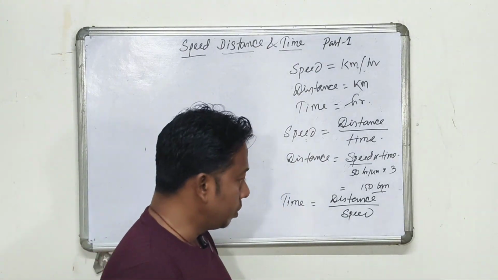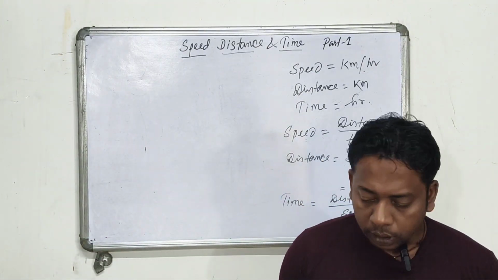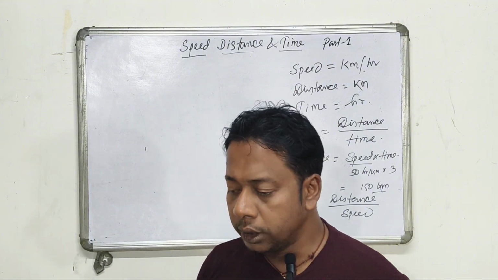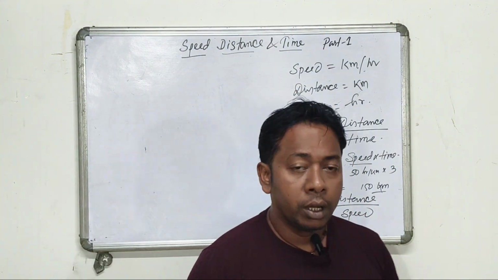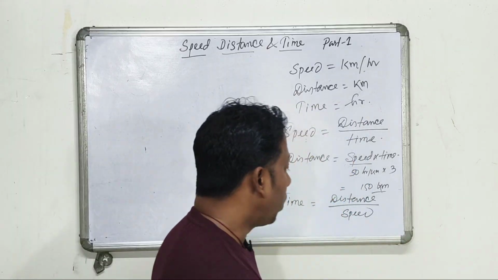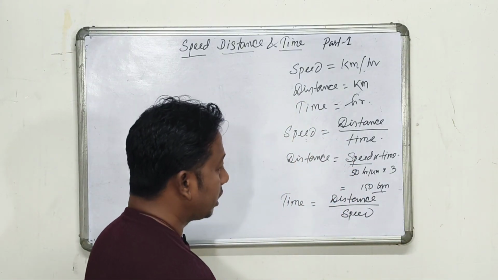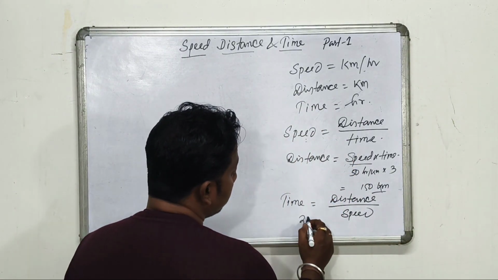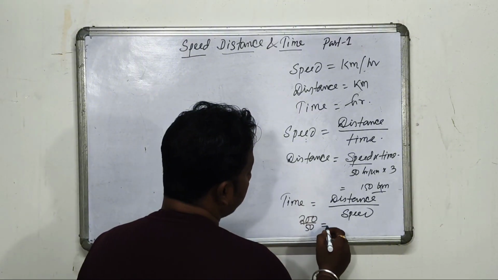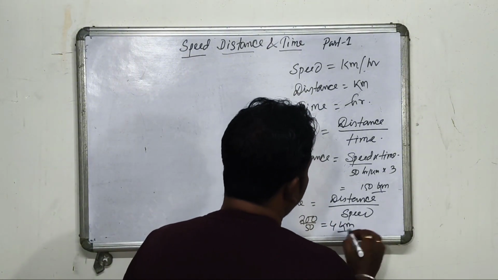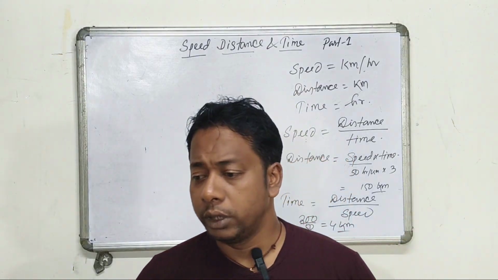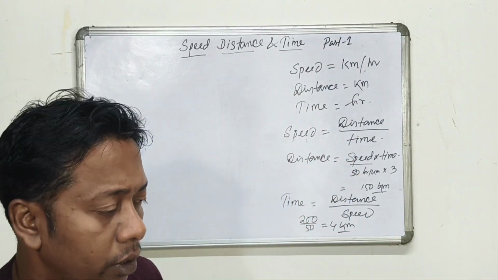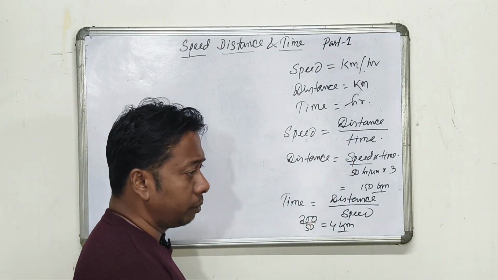Think about, the total distance to Kolkata is 200 kilometers and your speed is approximately 50 kilometer per hour. What will be the time taken by you? The time taken is 200 by 50, that is 4 hours. Some students said, sir, I am using the Ninja bike.